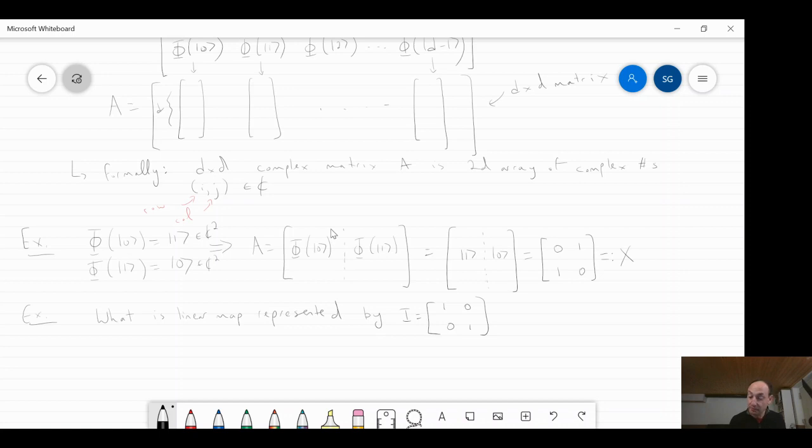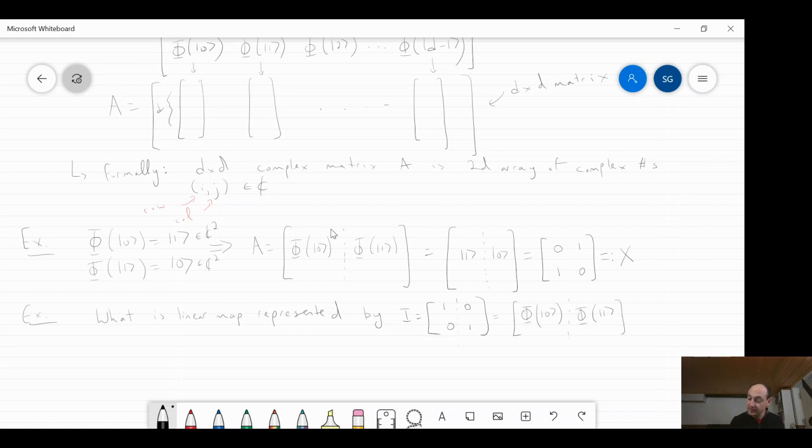So let's just go backwards now. I can extract from this the action of this map on these basis vectors. Remember that the first column of this thing is, whatever the map phi is that we're looking for, the action of phi on 0, and the second column is the action of phi on the basis vector 1.